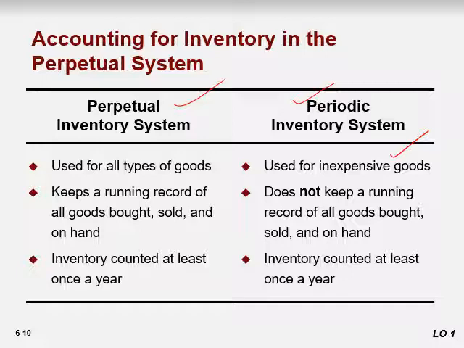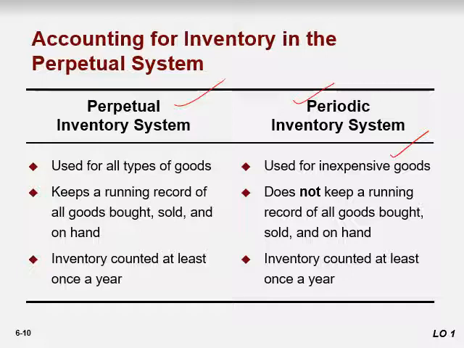Other examples include restaurants and home town nurseries. So they also use this periodic system because the cost of this system is a little bit low. Why? Because at the end of the day, or at least once a year, you just open your books. Okay, you bought this much goods, and at the end of the day or at the end of the year, you sold this much, and that's it.